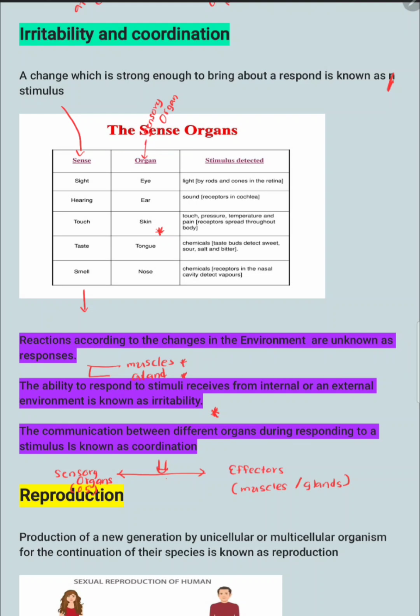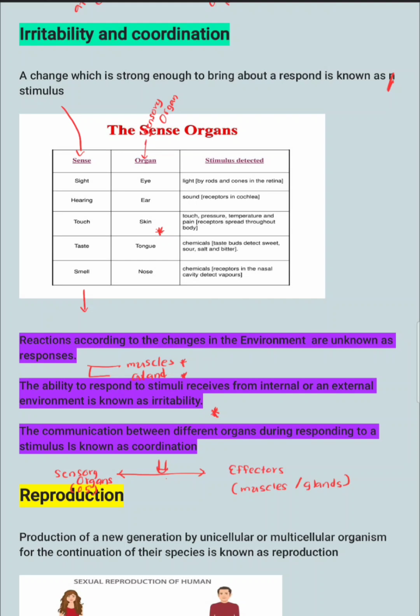For example, if I see tasty food, my saliva will be secreted. I saw the food with my eye and saliva is secreted by the salivary gland. Then sense එක eye එකෙන් ගත්තේ and the reaction එක එහෙම නැත්නම් response එක දුන්නේ gland එකෙන්.